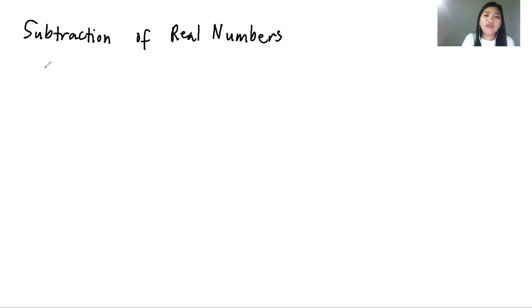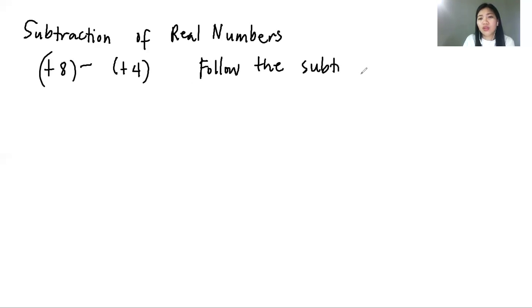Simply, if you have an example which is positive 8 minus positive 4, this one is direct. Both are positive, so you follow the subtraction rule of whole numbers.